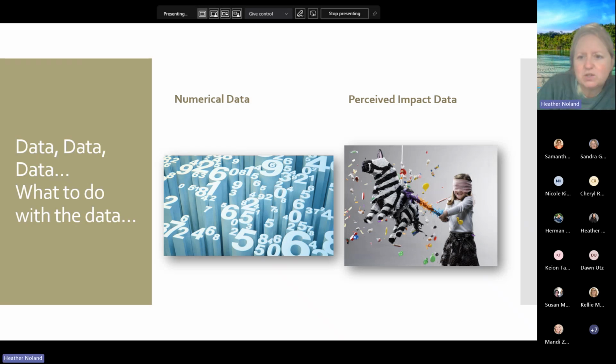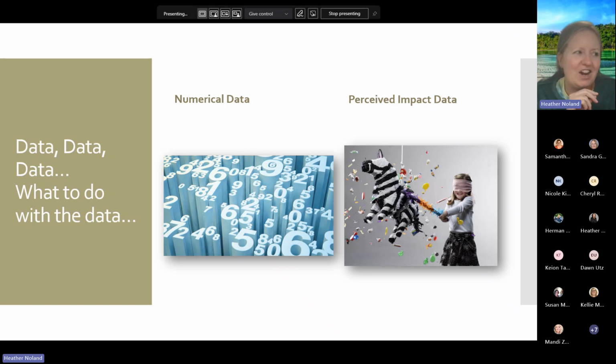And so, data. One of the things that I am fortunate to be able to be a part of is the accreditation process, where I am able to go and meet different simulation programs and their staff. And it's very interesting.